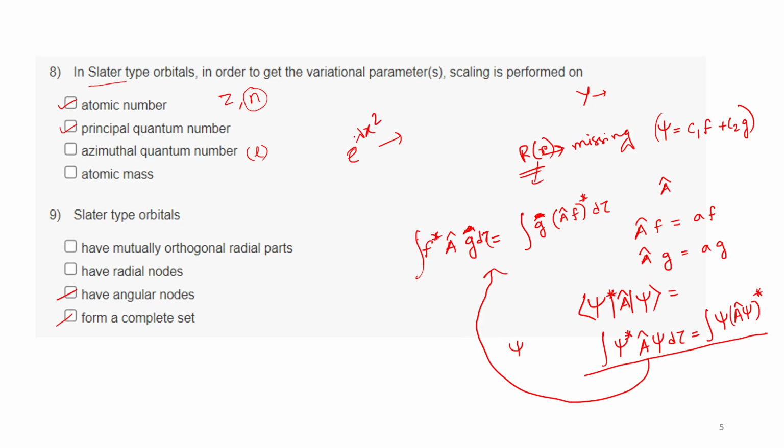So we changed this answer to e to the power minus lambda x square, which is a Gaussian type of trial wave function, and we have given marks to all. We are re-evaluating the assignment, and marks will be given to all, whoever has attempted, or even whoever has not attempted. When the notification comes, I will share.